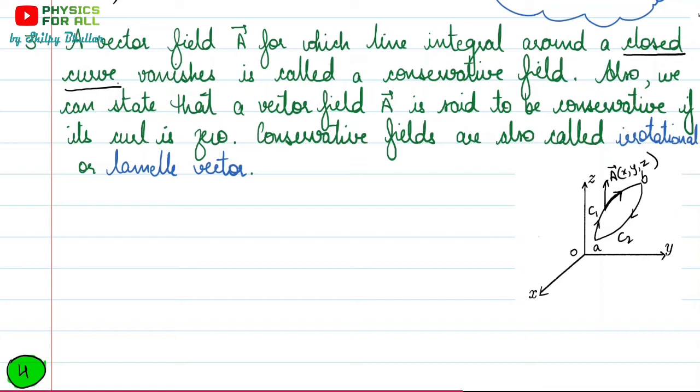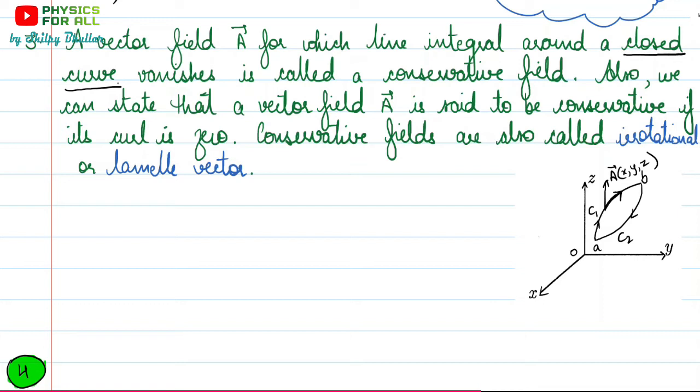If the line integral around a closed curve vanishes, that means the value comes out to be 0, then that particular field is also called a conservative field. Also, we can say that if the curl of some vector field is 0, then that field is conservative, as we just proved. Conservative fields are also known as irrotational or lamellar vectors. These are just other names.